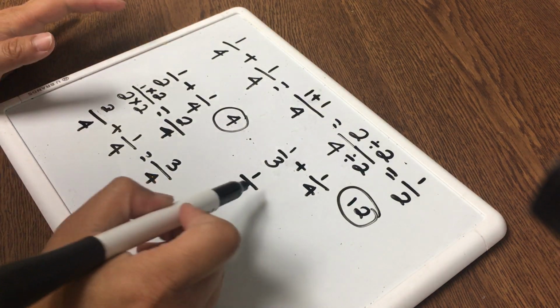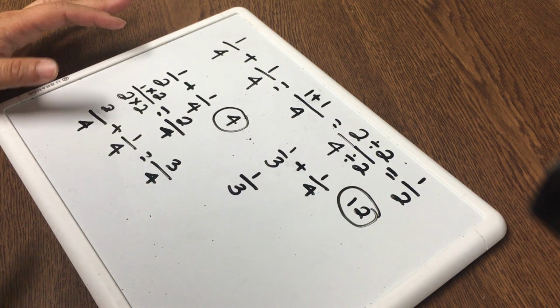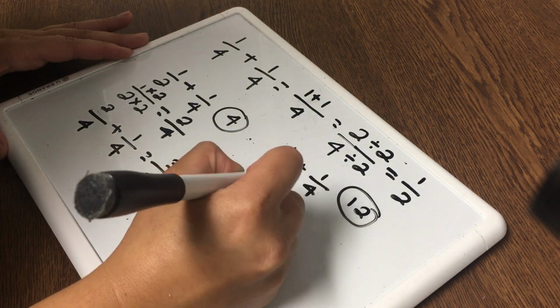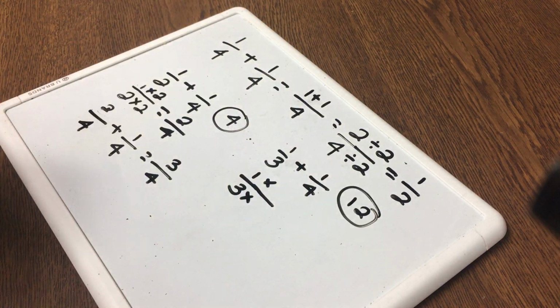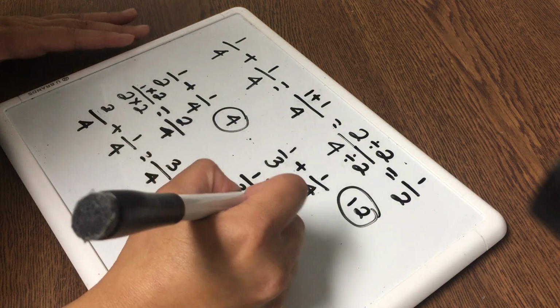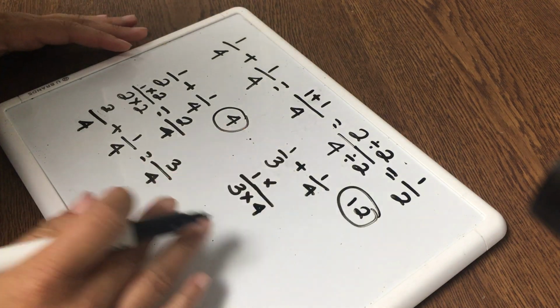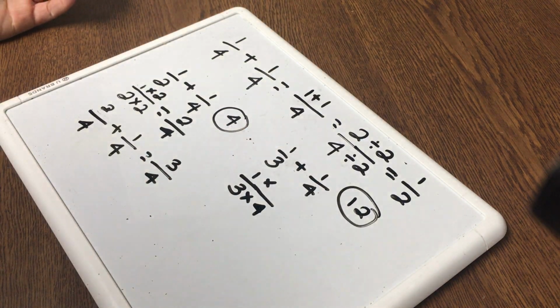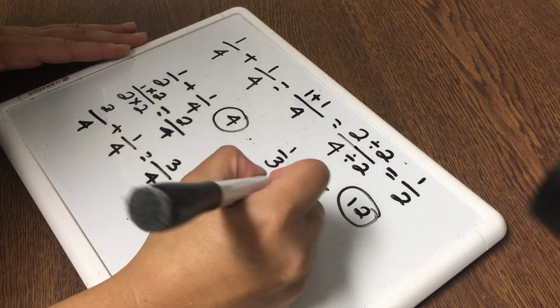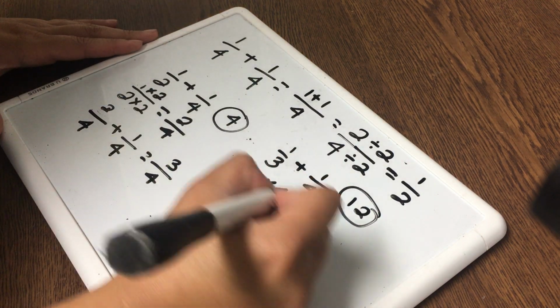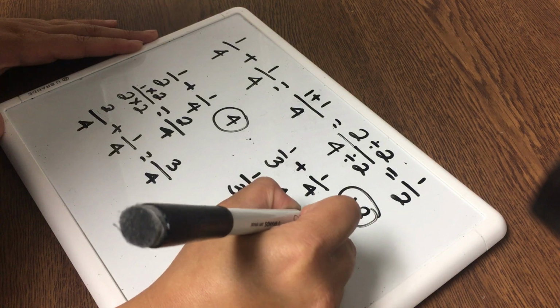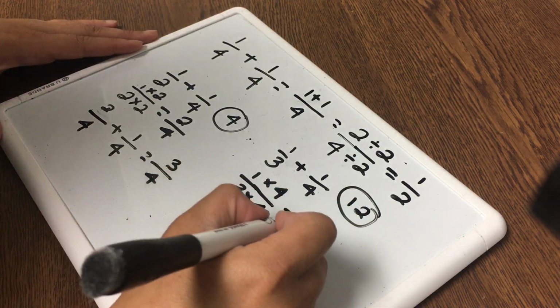What times 3 will give you 12? 4. Since you're multiplying the denominator by 4, you have to multiply the numerator by 4. And your answer would be 4 times 1 is 4, and 3 times 4 is 12.